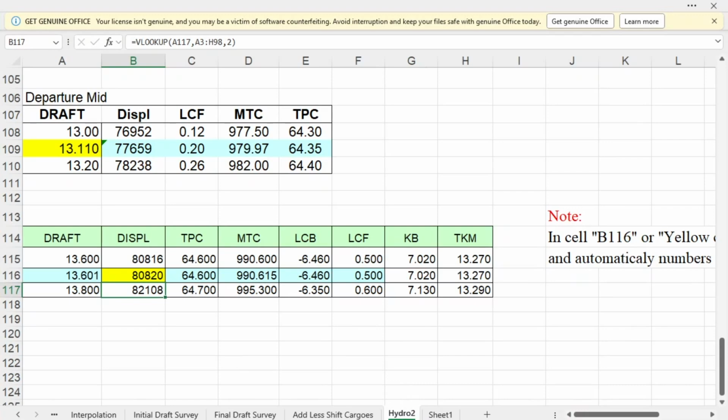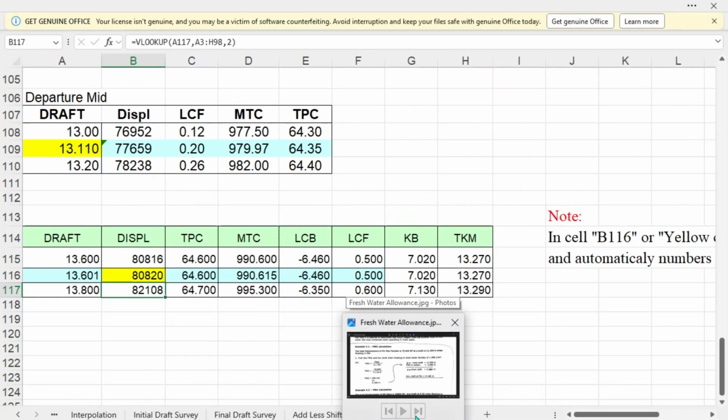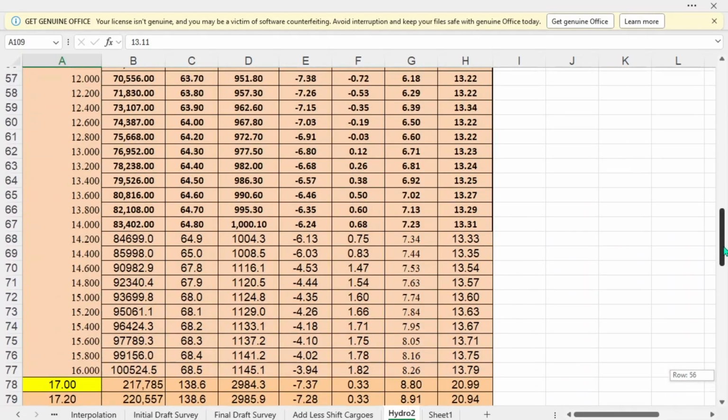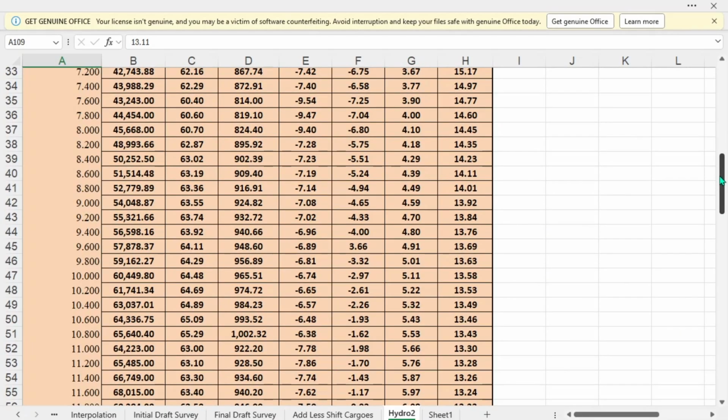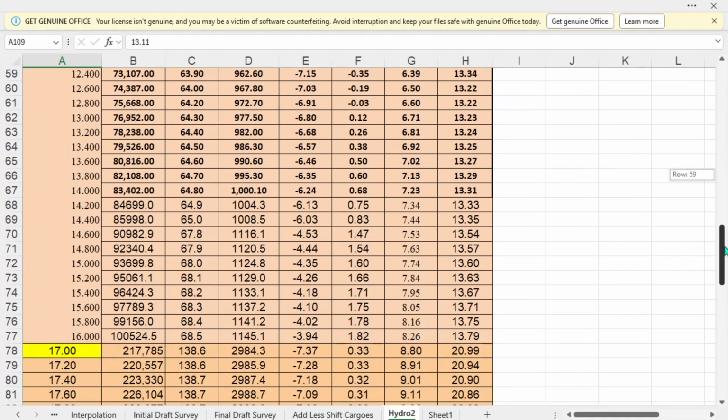Check again, its mean draft is 13.25. This is actually the hydrostatic table. So 13.25 should be around here, between 13.20 and 13.40.